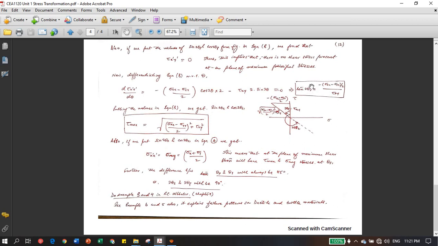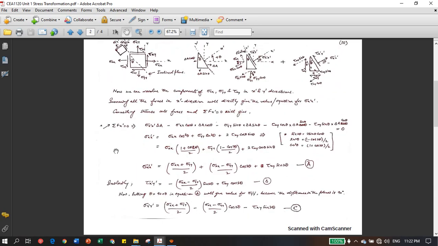So there will be two values over here also, 2 theta s1 and 2 theta s2, because there are two, a positive phase and a negative phase. That is why we are getting two values. So after getting tan 2 theta s, or you can say sin 2 theta s and cos 2 theta s, put these values back in equation b.